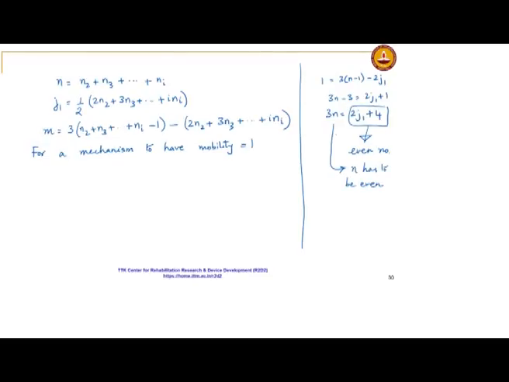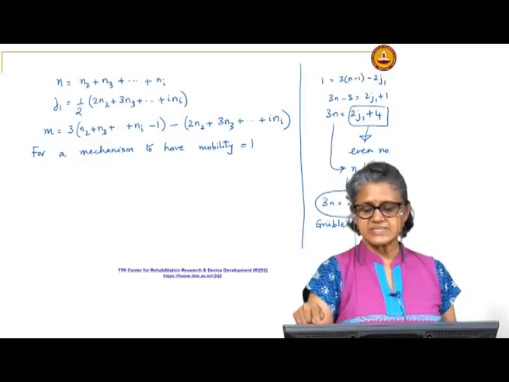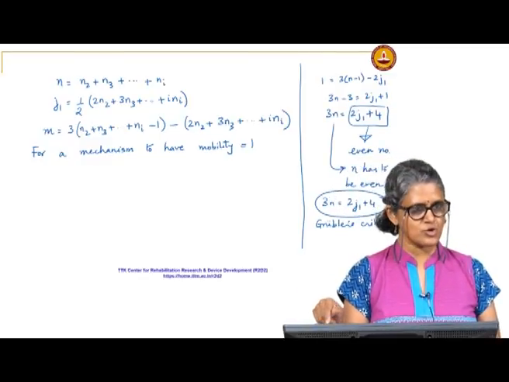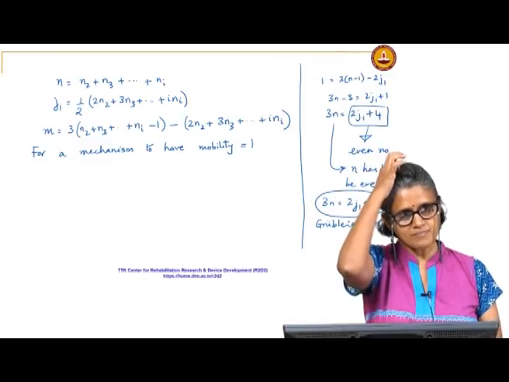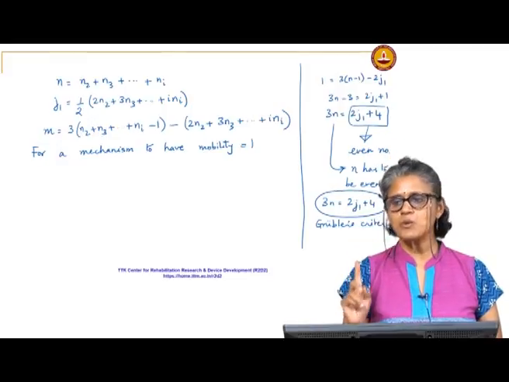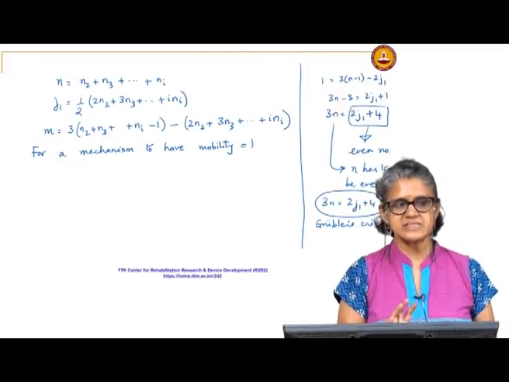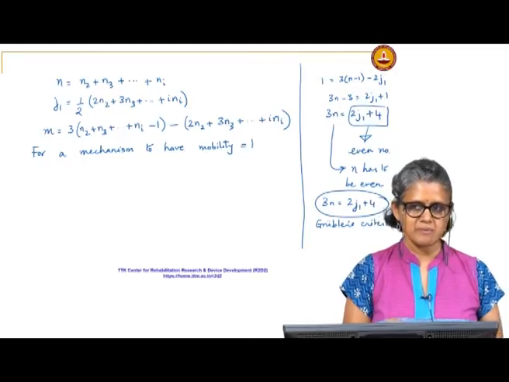This 3n equal to 2 j1 plus 4 is called Grubler's criterion. So, the first thing that we see from Grubler's criterion is, if you want a mechanism with mobility 1, the number of links has to be even.